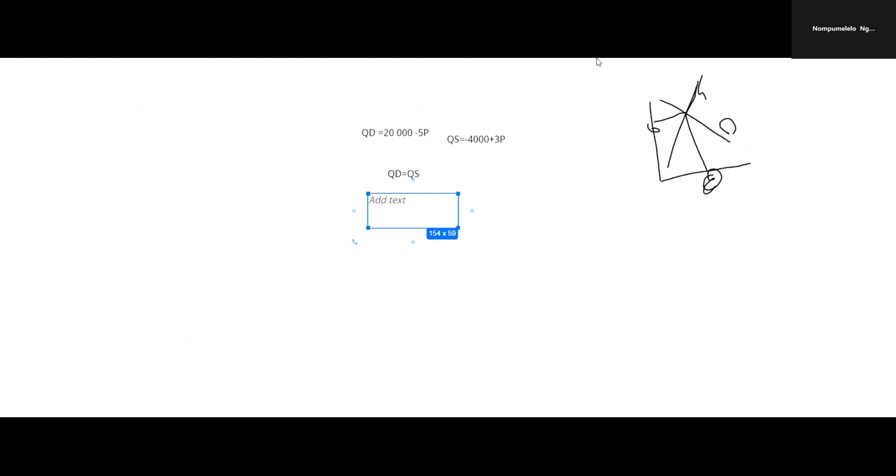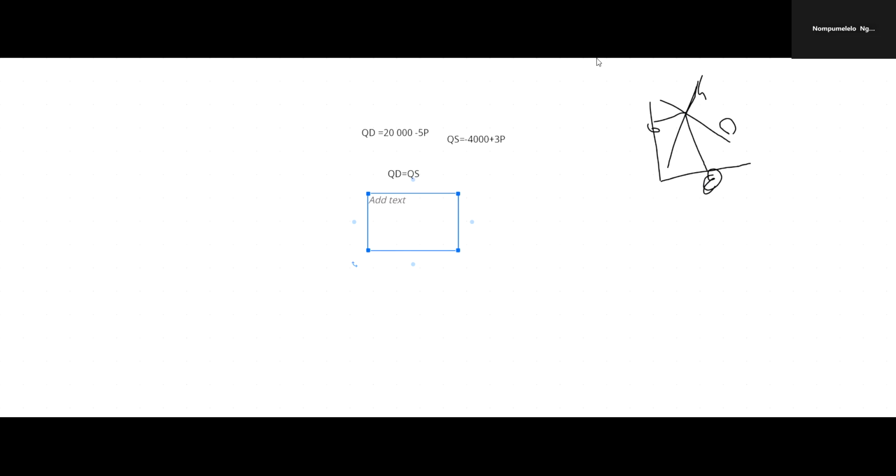Then you just divide by 8 on both sides. So you say 24,000 divided by 8 equals 8p divided by 8, so that you can get your p. The 8 cancels the 8, and you're left with p.